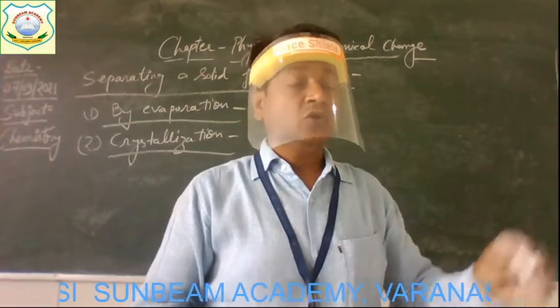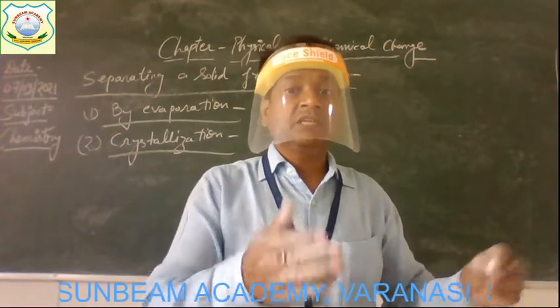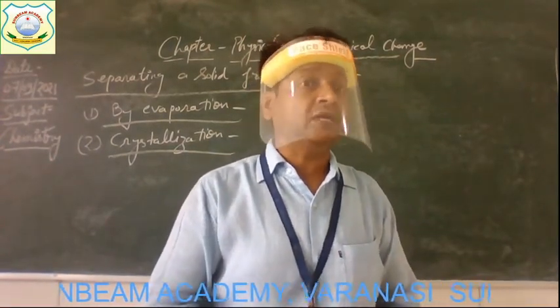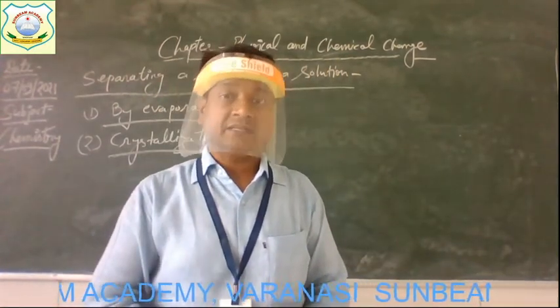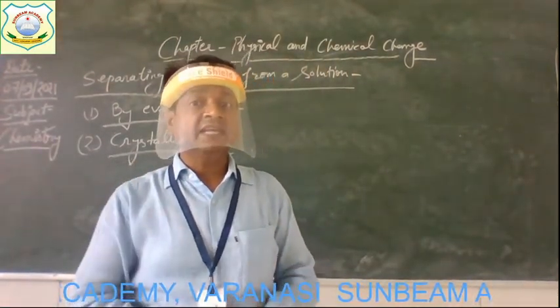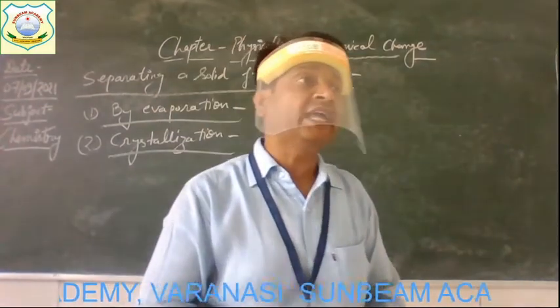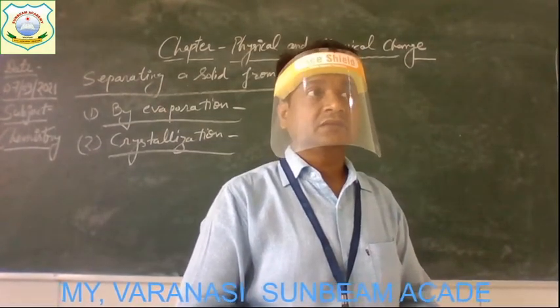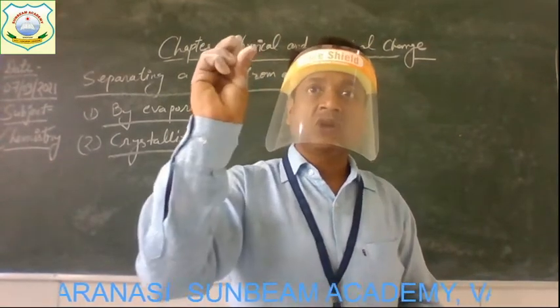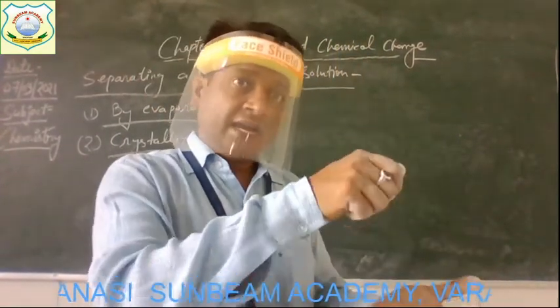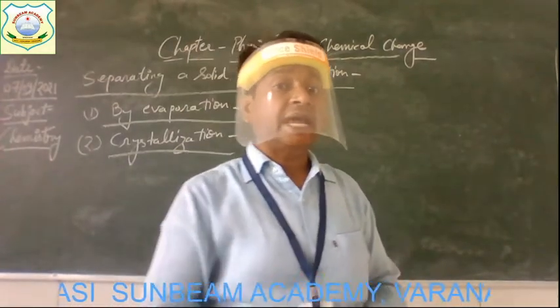Get it? So for this crystallization, you can simply do an activity by yourself: take some sugar grains in a plate and look at the grains of the sugar through a magnifying glass. You have seen a magnifying glass, now? So take some solid sugar in a plate and try to look at it with the magnifying glass.